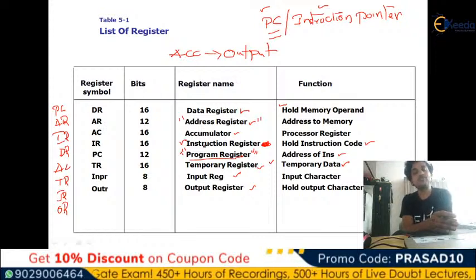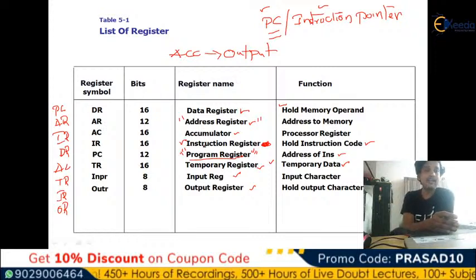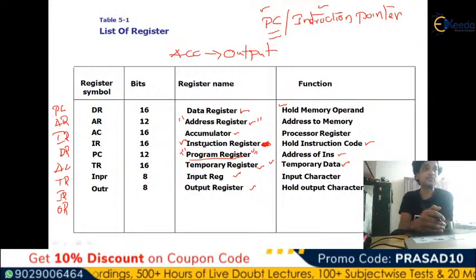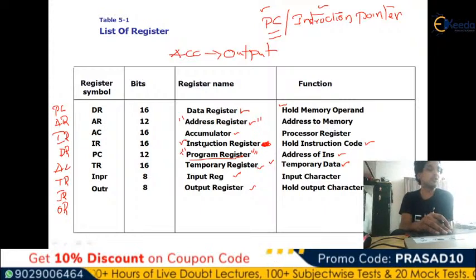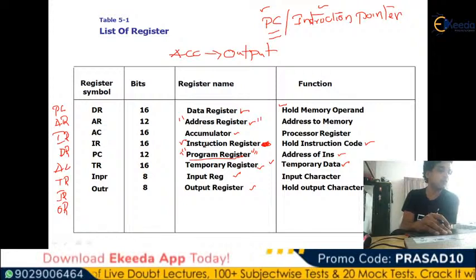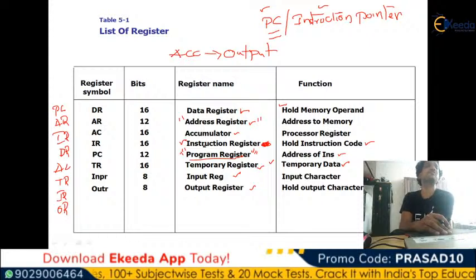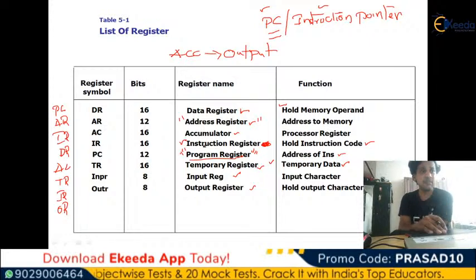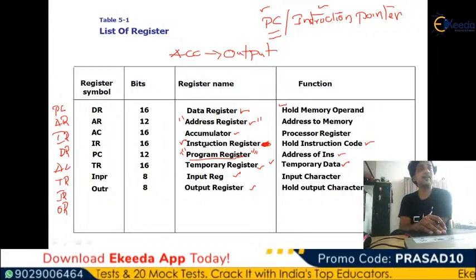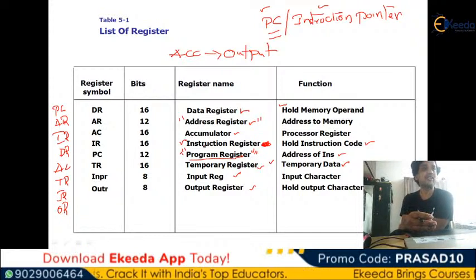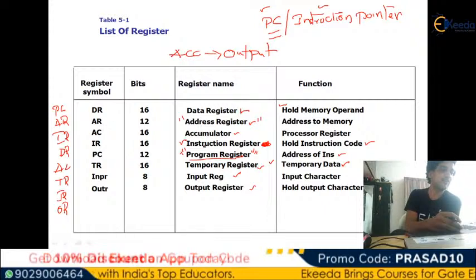The data register is going to hold the current data operand which is needed to execute the current instruction. The accumulator, of course, as you know, is going to hold the outputs. The temporary register is going to hold the temporary variables. The input register is going to take the inputs, whereas the output register is going to send the outputs to the peripheral devices.